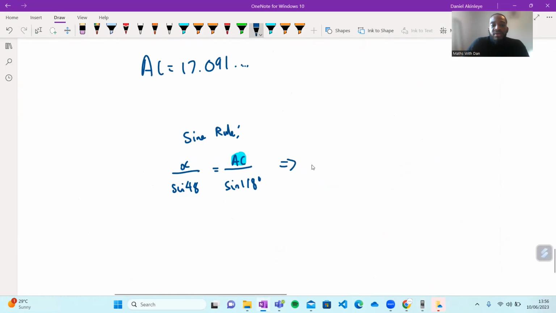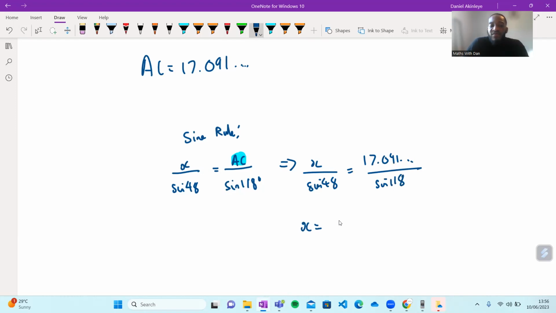This will be X over sine 48 is equal to 17.091 blah blah blah divided by sine 118. Now to get X on its own, we're just going to multiply both sides by sine 48, aren't we? So the answer would be 17.091 blah blah blah over sine 118 times sine 48.